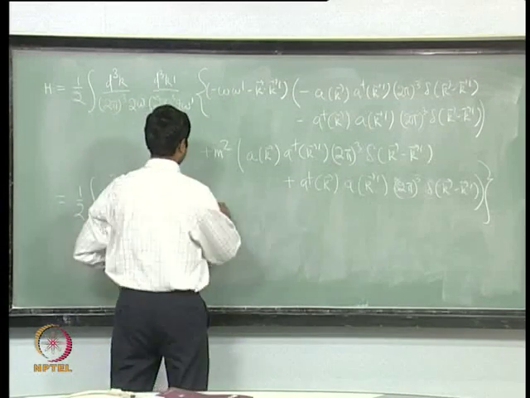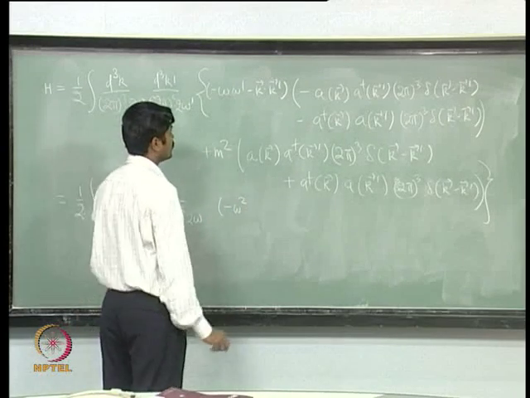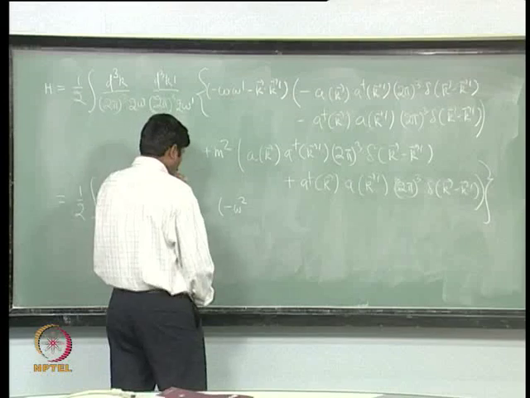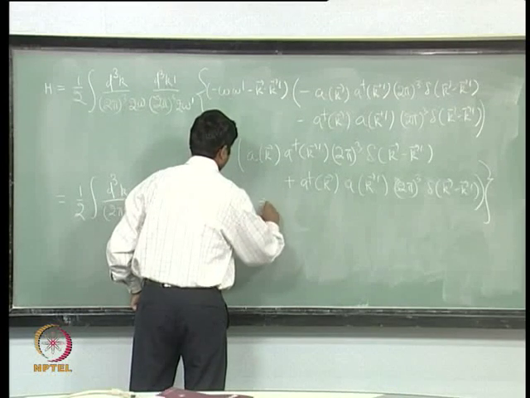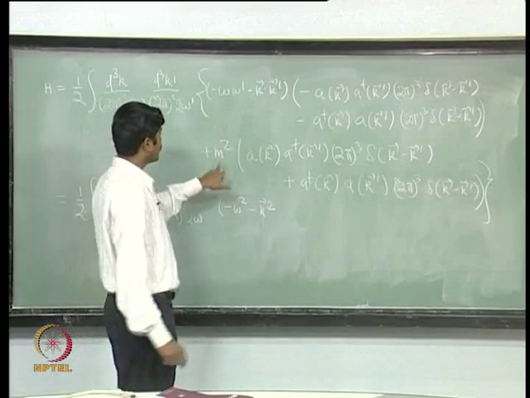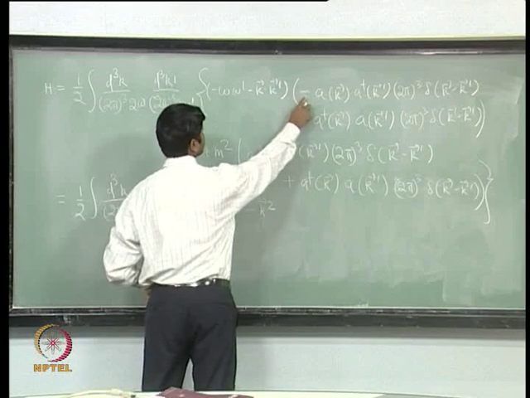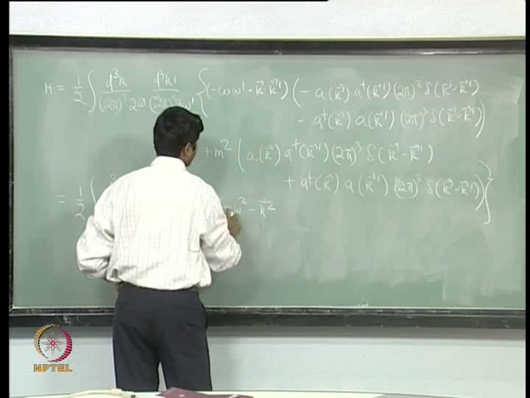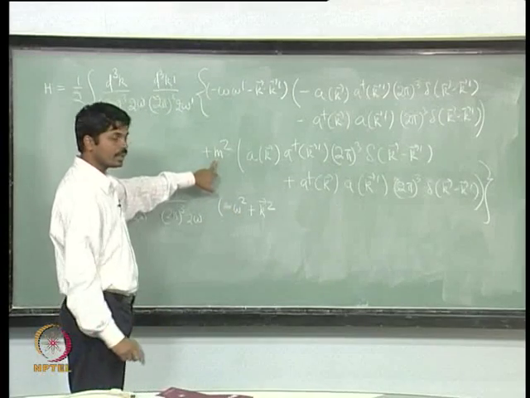Here I will get minus omega square minus k square, and then there is a minus sign here that will make it omega square plus k square, and there is an m square here.